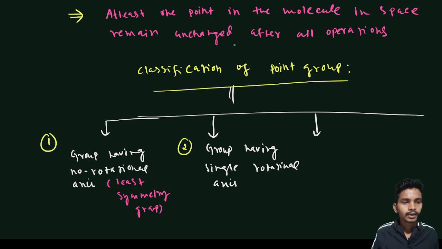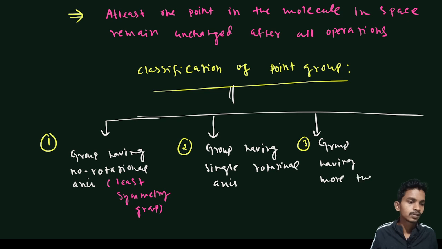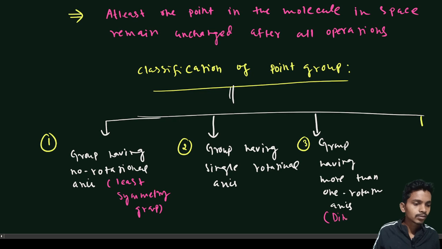And the third type is groups having more than one rotational axis. And the fourth type we will discuss. So this more than one rotational axis means these are dihedral groups.